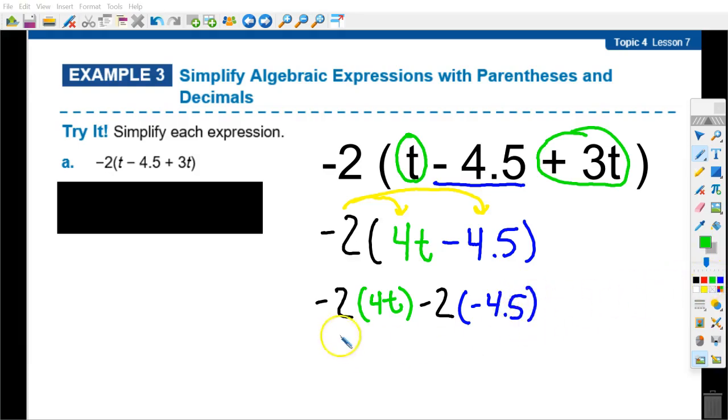So what is negative 2 times 4? It is negative 8, and the t comes along for the ride. Negative 2 times negative 4.5 will end up being positive 9. Negative times negative makes it positive. All right? Box it up, ship it out, because it's good to go.